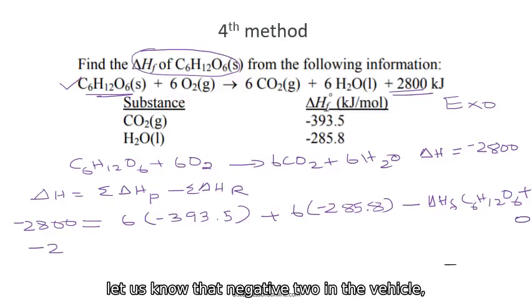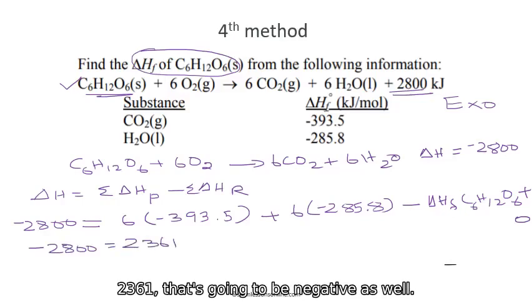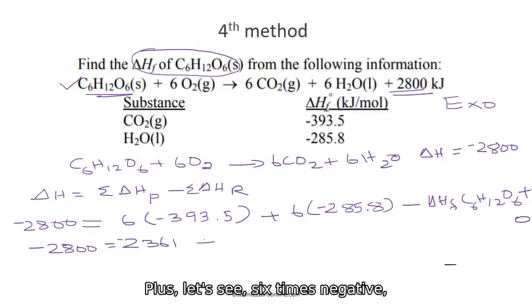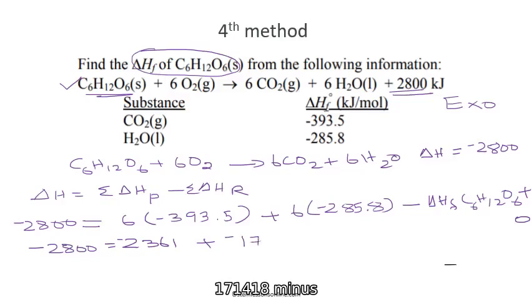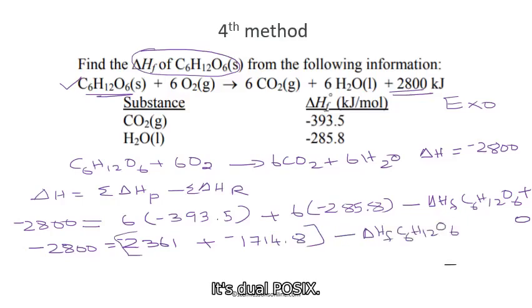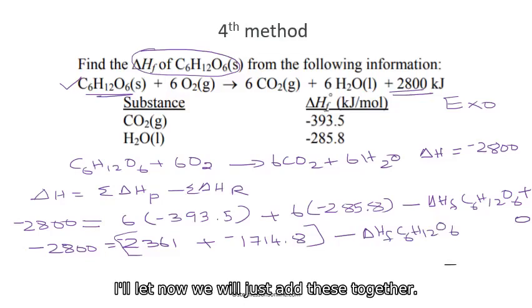So negative 2800 equals 2361, that's going to be negative as well, plus, let's see, 6 times negative, 1714.8 minus delta HF of C6H12O6.